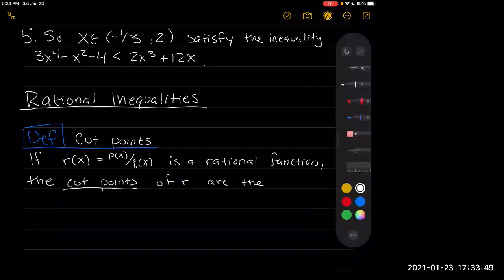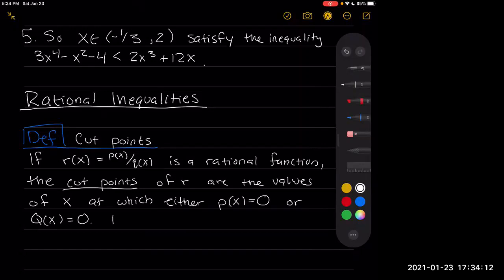are the values of x at which either p of x equals 0 or q of x equals 0. In other words, I don't know why I have a capital Q there.